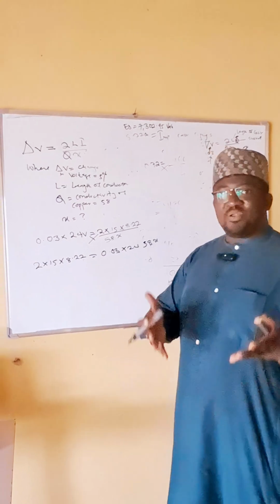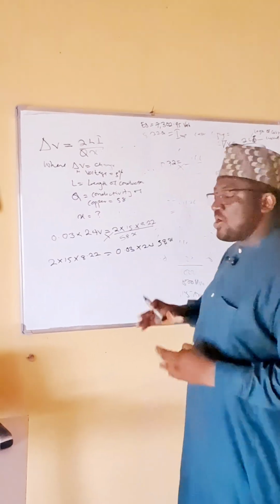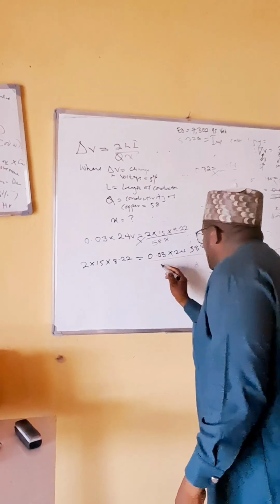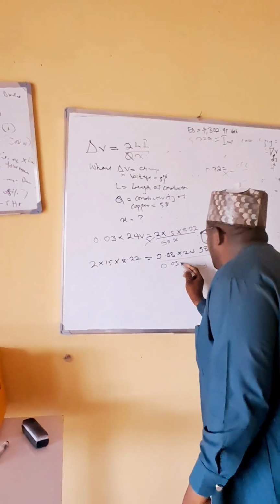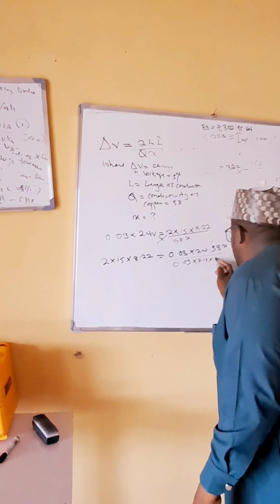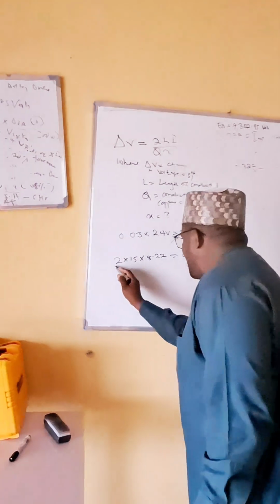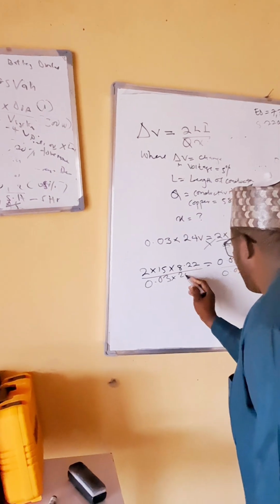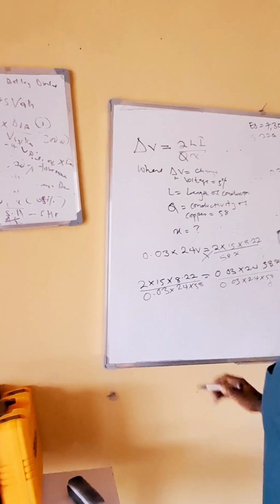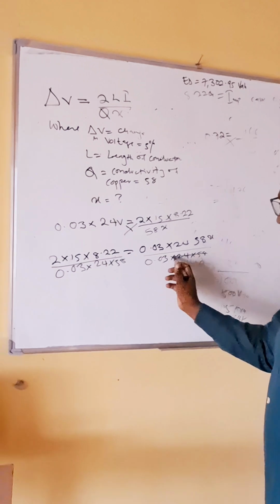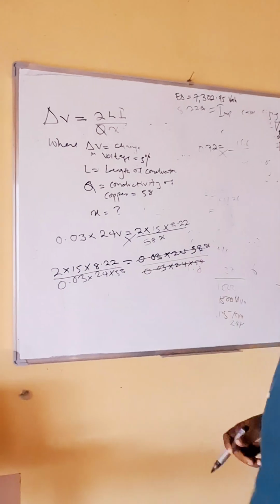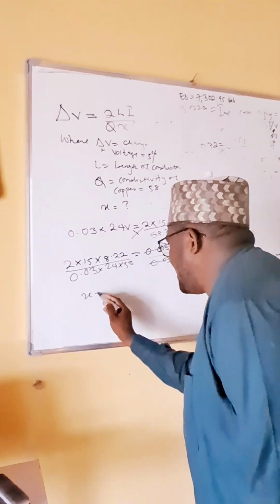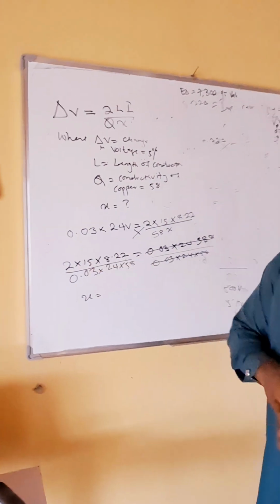We divide both sides by the value which the x is attached to, which is 0.03 times 24 times 58, divided by 0.03 times 24 times 58, where this can go with this, which means we are only left with x. So x is equal to 2 times 15 times 8.22.